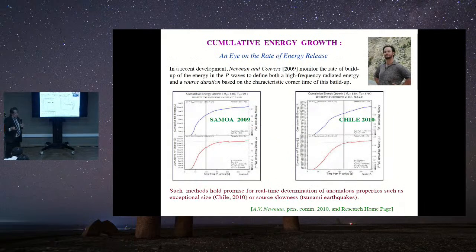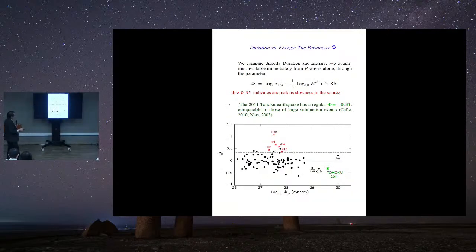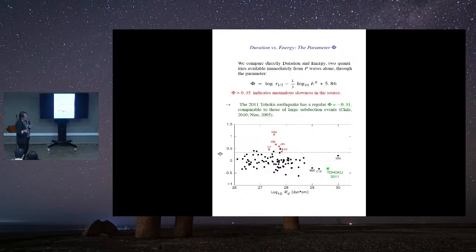Andrew Newman, who was a former student of ours at Northwestern University, developed this in real time, and he implemented a method which is essentially very similar. And if you are subscribing to the Tsunami Bulletin Board and things like this, you may get messages from Andy Newman where he identifies these earthquakes.